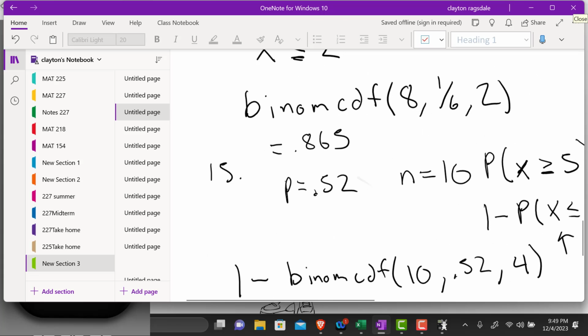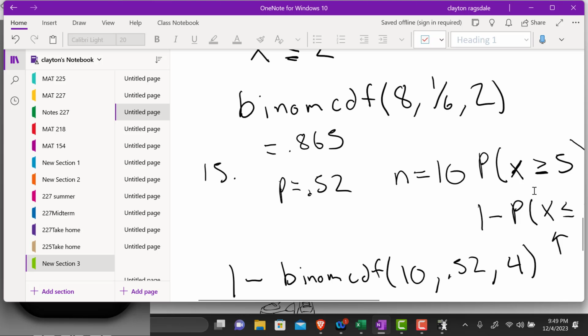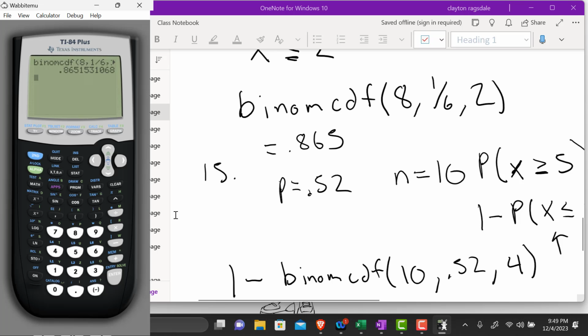So let's go ahead. We're going to jump back to the calculator, if I can find it. Let's clear this out. We got to go second vars. A lot of clicking, sorry about this. I'm going to memorize what number this is. I guess it's B, it's a letter. We have 10. Enter. Our probability of success here is 0.52. We're interested in 4, right?